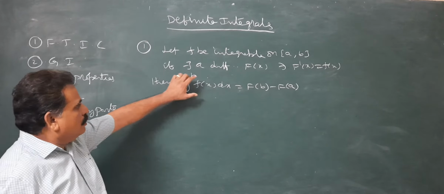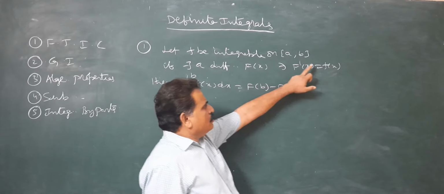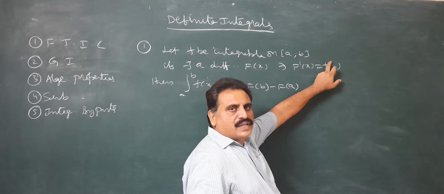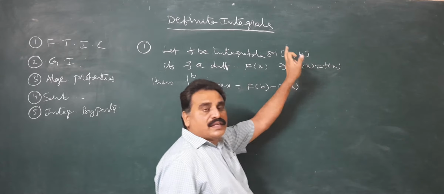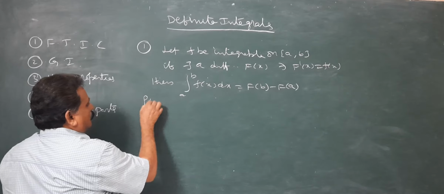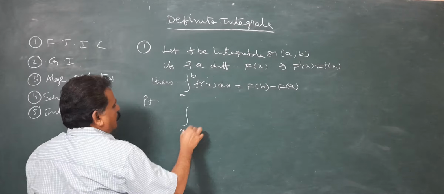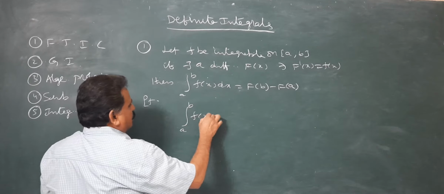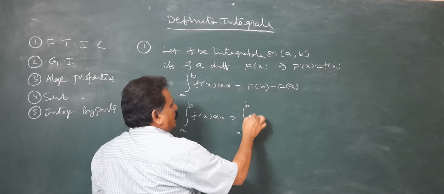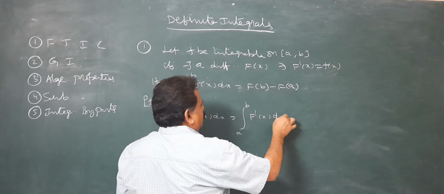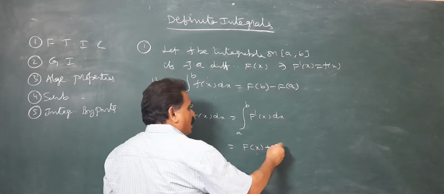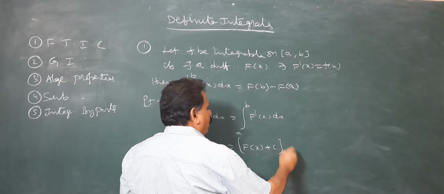Now here, capital F dash x is small f of x. That means the integration of small f of x is capital F of x plus c. So look here, simply we can prove that the integral a to b f of x dx equals the integral a to b F dash x dx. F dash x integration is capital F of x plus c over the limits a to b.